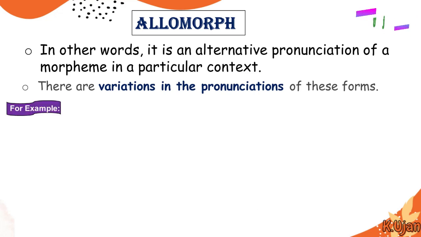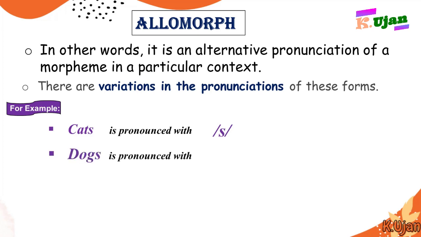For example, in the word cats, the s is pronounced with an s sound. It means the morpheme in this word is the letter s. In dogs, the same s morpheme is pronounced with a z sound. It means there is a variation of sounds, but it is the same morpheme s.